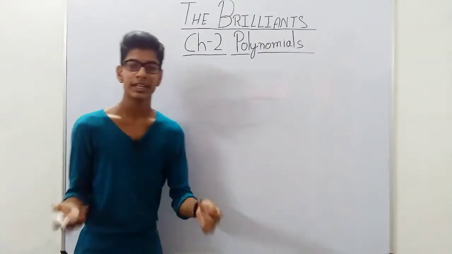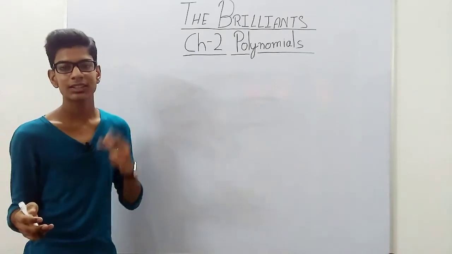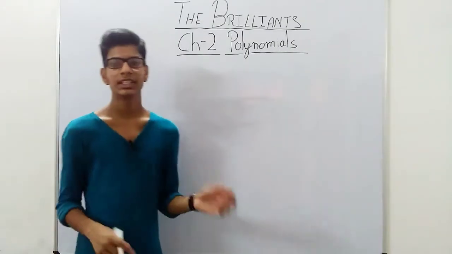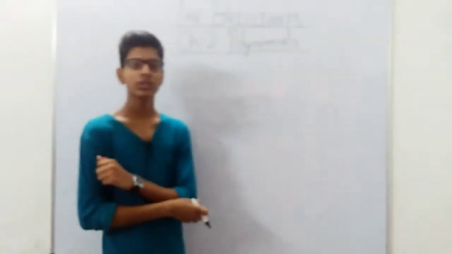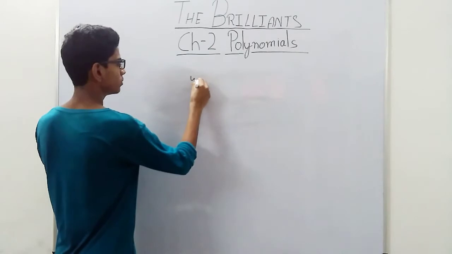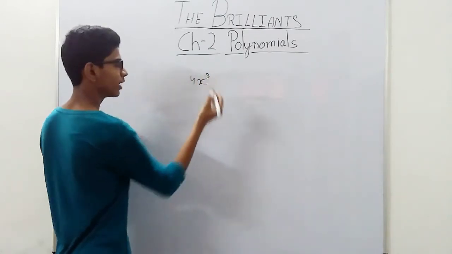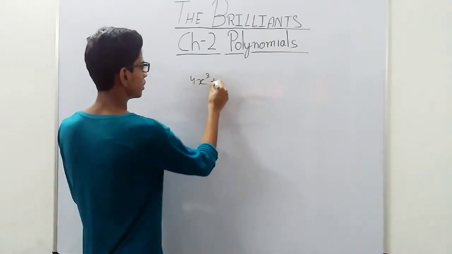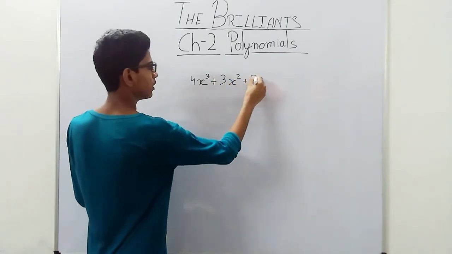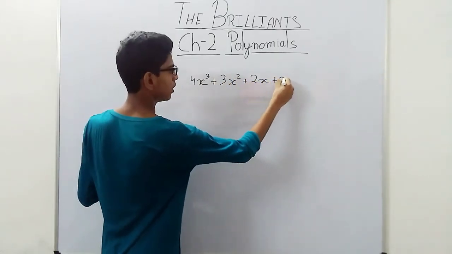Now we are going to study the factor theorem and the remainder theorem. First of all we will study the remainder theorem. In the remainder theorem, let's first take a polynomial 4x cubed plus 3x square plus 2x plus 3.